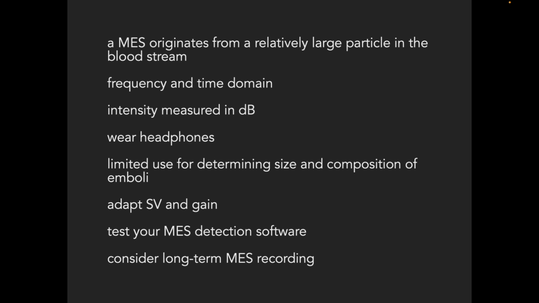Despite the fact that a relatively large embolus will scatter back more ultrasound energy than a relatively small embolus, and that different materials will also differ in their backscatter properties, it is not easy to determine the size and the composition of the embolus that gave rise to the microembolic signal.